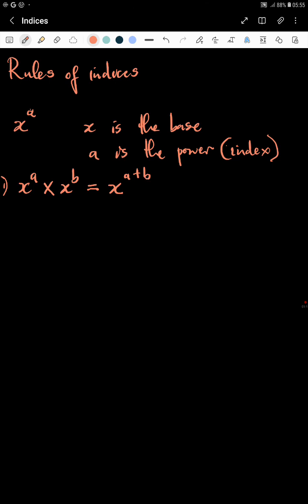An example, if we have 2 to the power 3 times 2 to the power 1, our answer will be 2 to the power 3 plus 1, which gives us 2 to the power 4, and 2 to the power 4 is equal to 16.